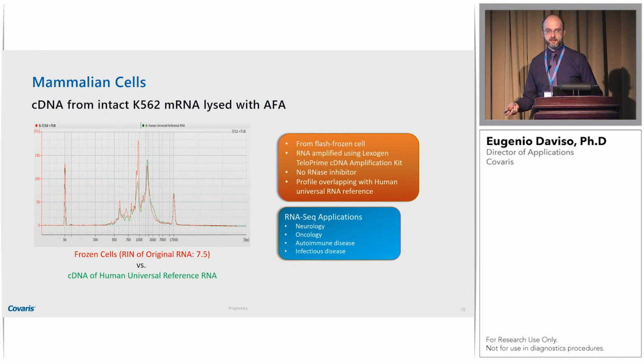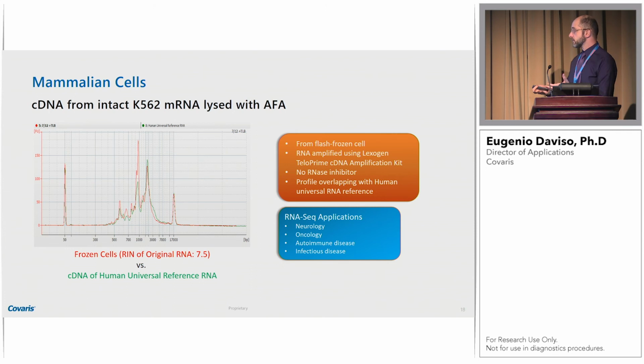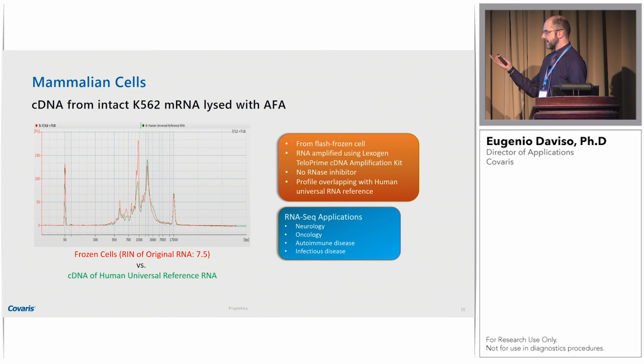This suggests that the extraction of RNA is extremely good, and is really giving a lot of information about intact RNA. We believe this can really be a winner in terms of RNA-seq.